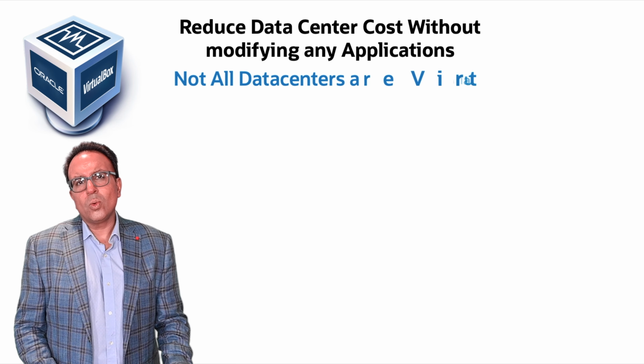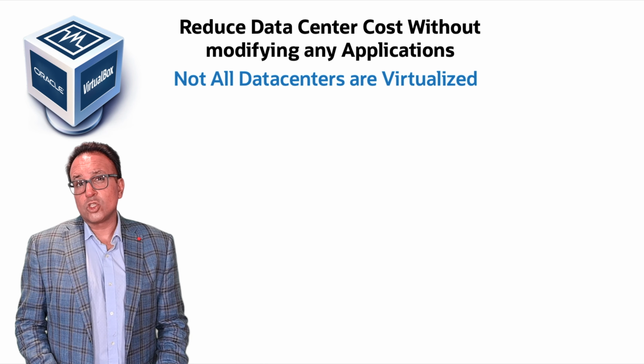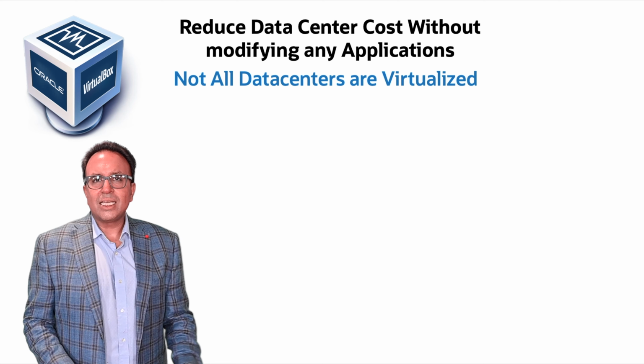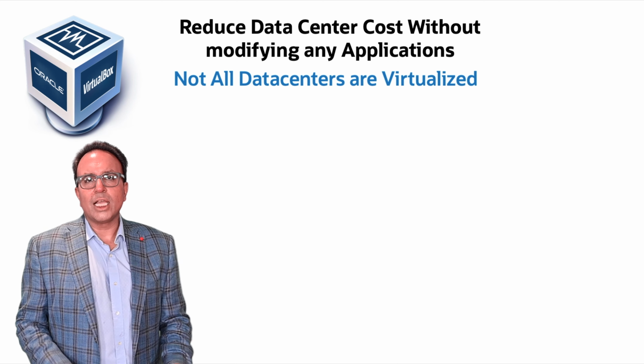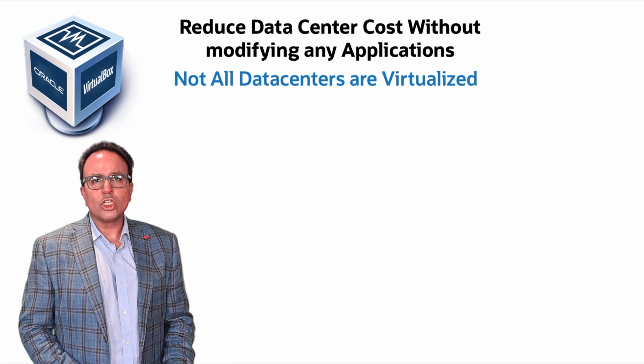And before I do that, there is some interesting data I just want to share with you. Most data center cost reduction involves virtualization, and the thing is, not all data centers are virtualized.